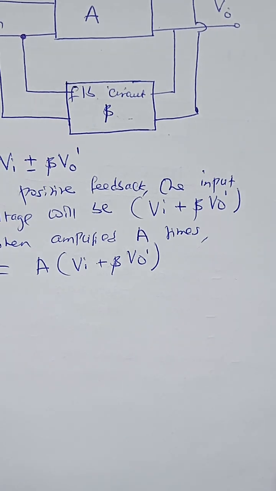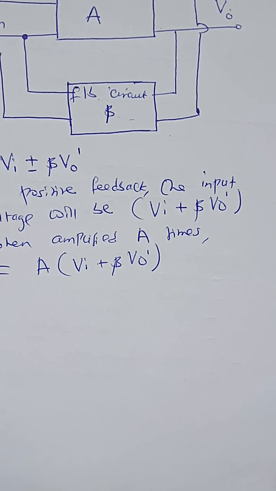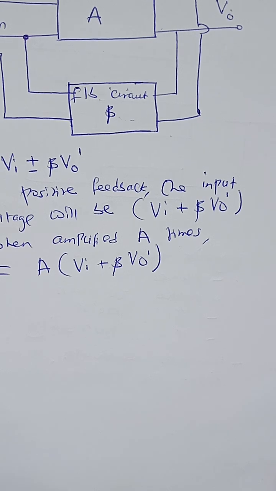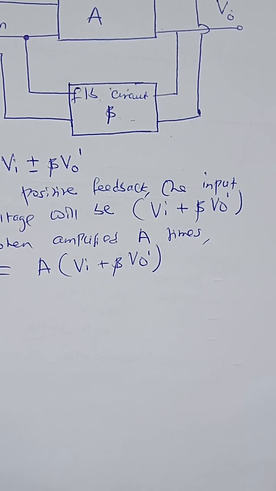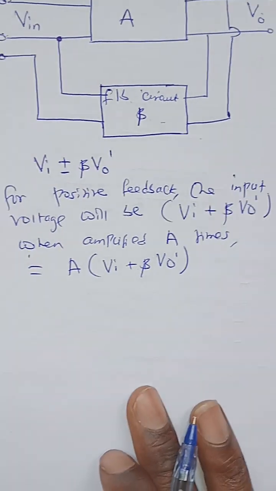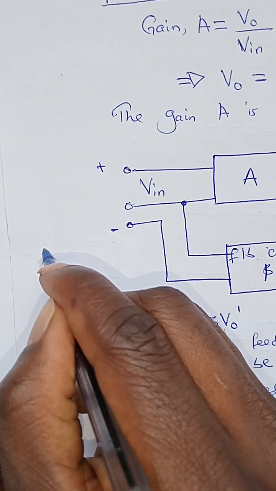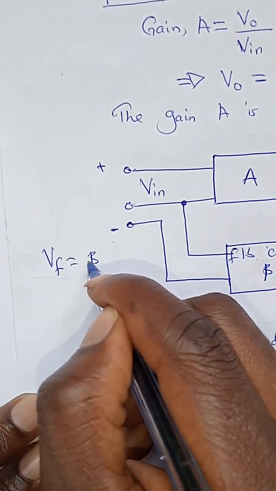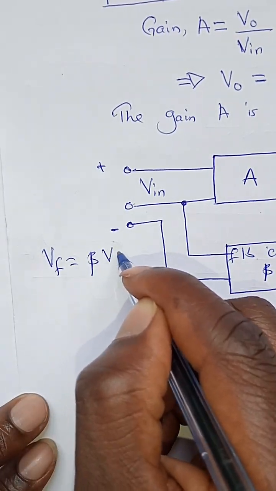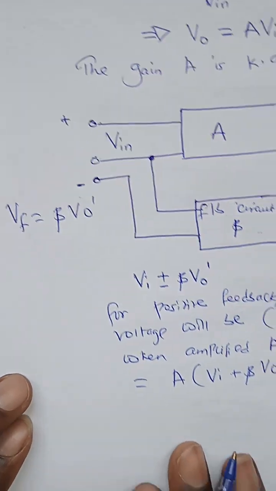We put prime because we are now including the feedback. That is how we say it is Vo prime. So the feedback voltage Vf is given by beta Vo prime.